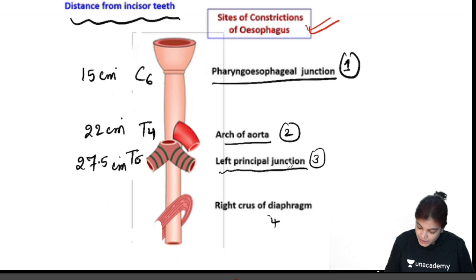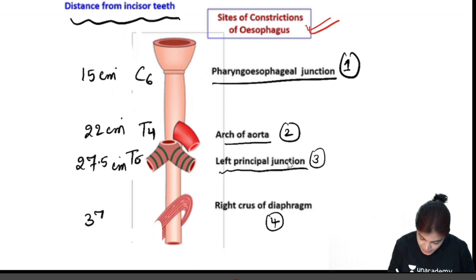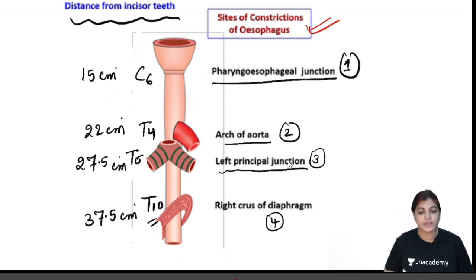The fourth constriction is at the right crus of the diaphragm, where there is the esophageal opening and the lower end of the esophagus pierces the diaphragm. This is approximately 37.5 centimeters, corresponding to the T10 level.